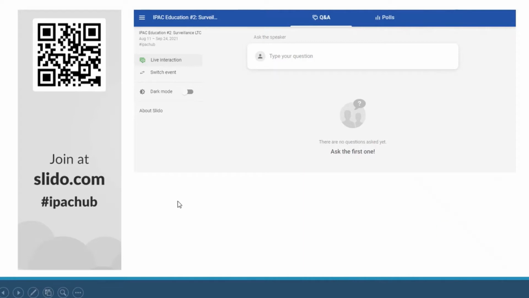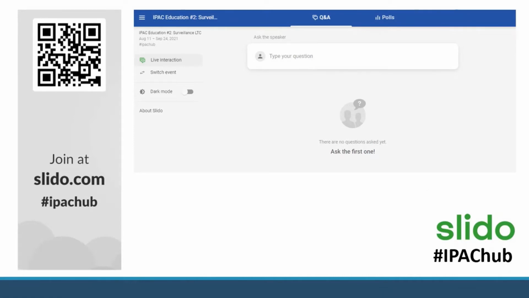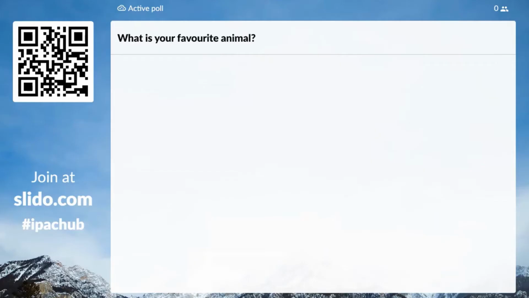If you see this logo on the side with the Slido logo and the Ipac Hub, that means there's going to be a Slido question coming up. The interactions, again, will be throughout the presentation, so we recommend you keep the Slido browser open. We'll have a test question first for those who aren't familiar with Slido. The question will be, what is your favorite animal? We'll give everyone a couple of seconds to make sure their Slido works before moving on.